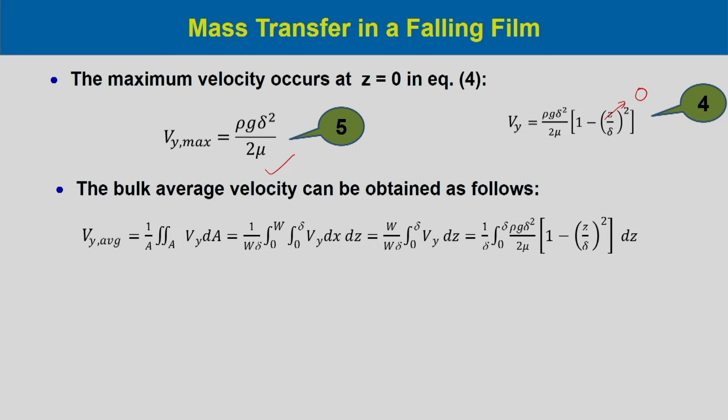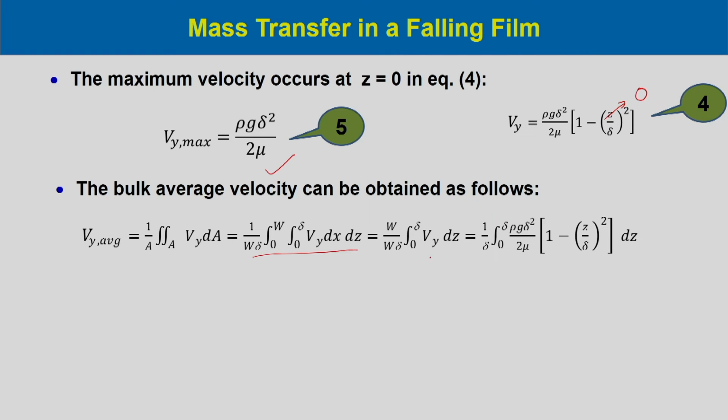We know V y average would be equal to 1 by A integral over the area V y into dA, which is equal to 1 by w delta integral 0 to w integral 0 to delta V y dx dz.